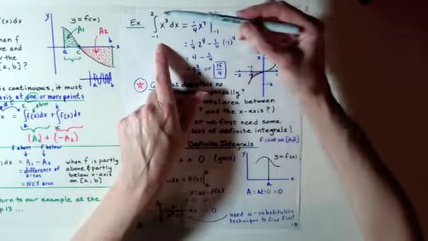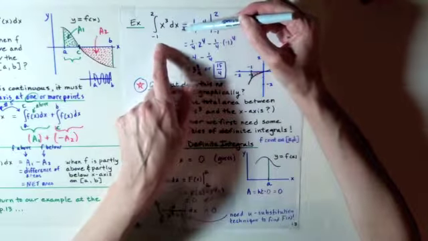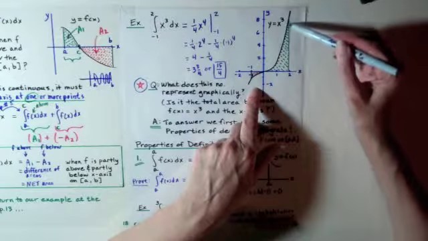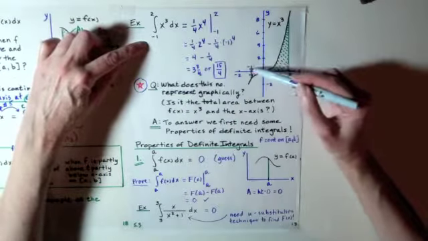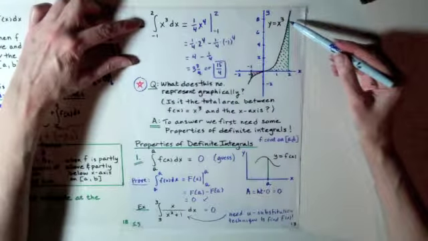We were doing the definite integral from -1 to 2 of x cubed dx. And remember that we said, well, that's the x cubed function that's going to be partly below the x-axis on this interval. From -1 to 0, it's below, and then from 0 to 2, it's above.